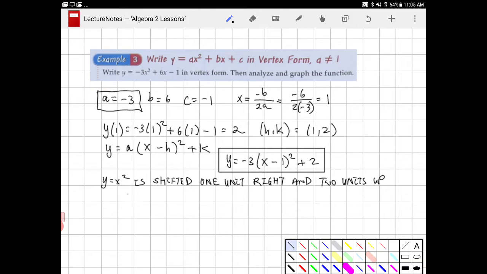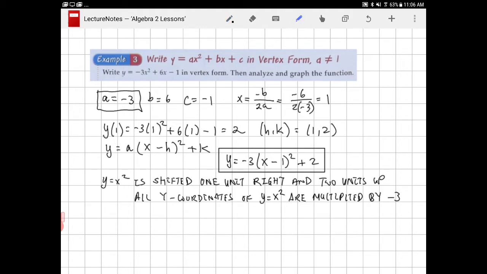All the y coordinates of y equals x squared are multiplied by -3.